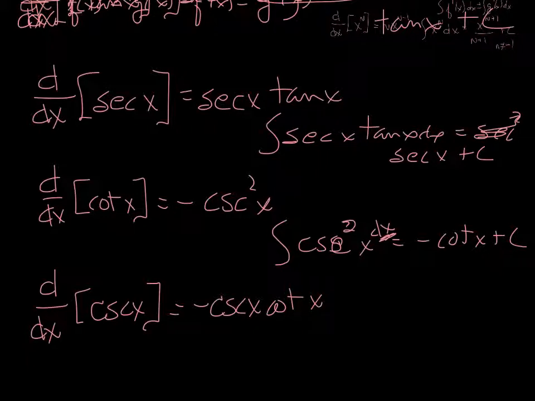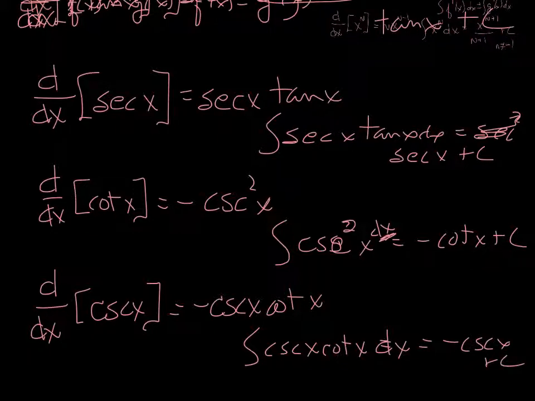Okay, so the antiderivative of the cosecant x cotangent x dx equals negative cosecant x plus c. Wait, what happened? Never mind, sorry, forget it.